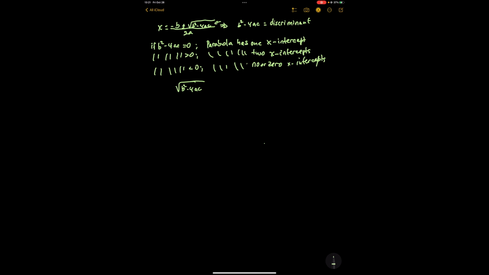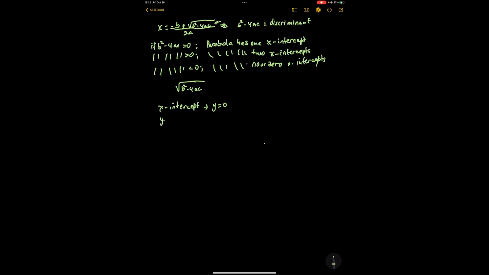So with that being said, let's talk about the x-intercept. How do you find the x-intercept? Well, a quick way: what does x-intercept mean? It means that y is equal to 0. So to find the x-intercept, you let y equal 0.